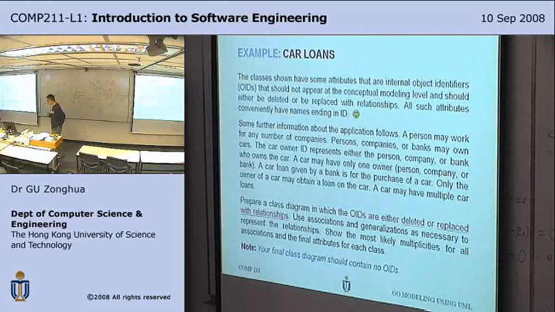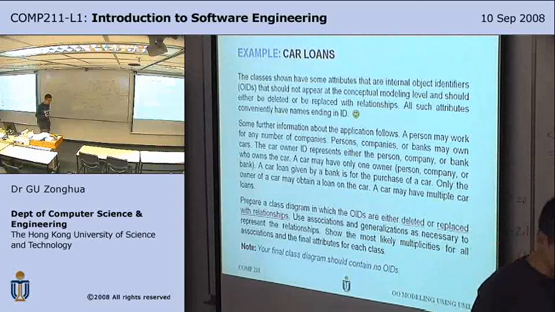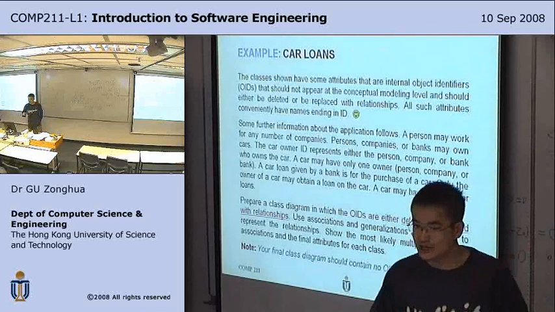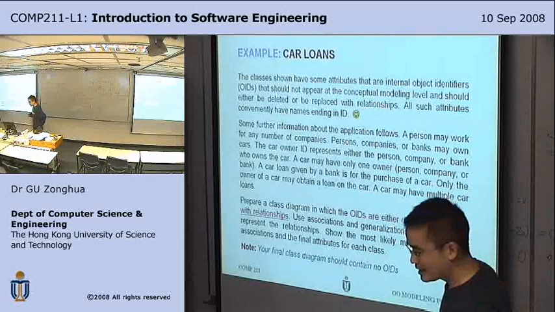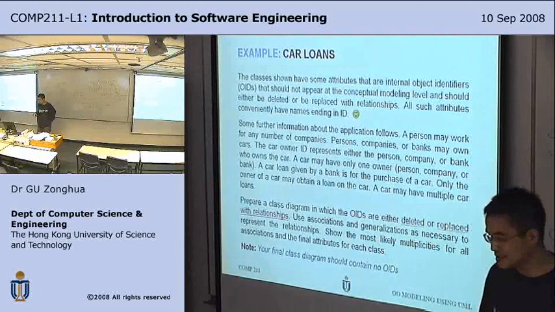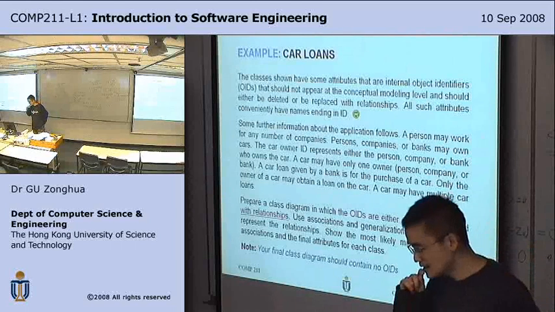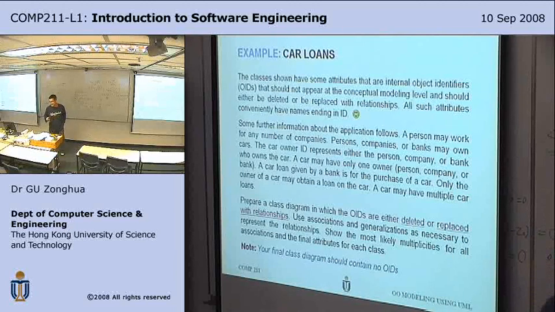What does this mean? It means that, for example, if you design a database, how do you establish a link between two tables? You provide a common column, right? So if a student has a student ID, and another table also has a column called student ID, then you can link.